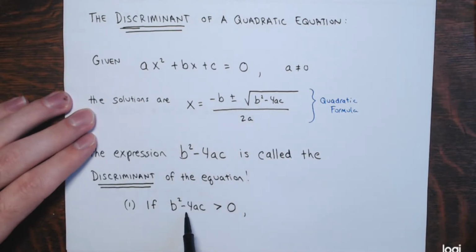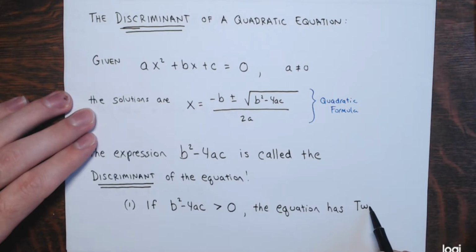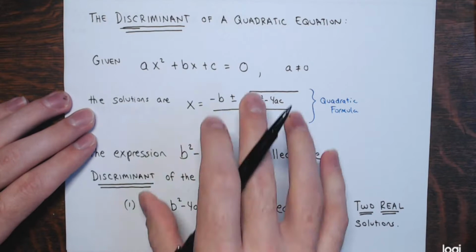So if the discriminant is positive, the equation has two real solutions. Okay, that's case 1.